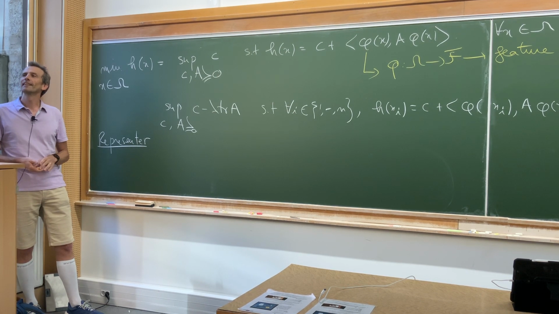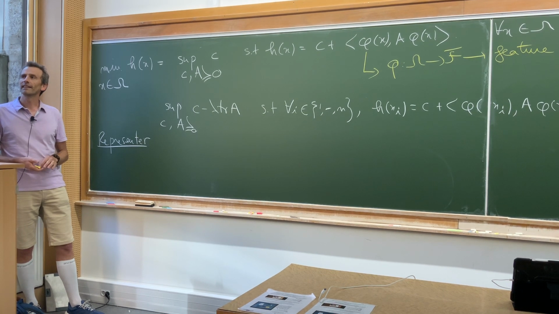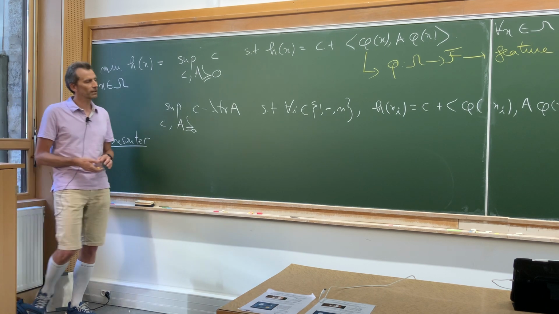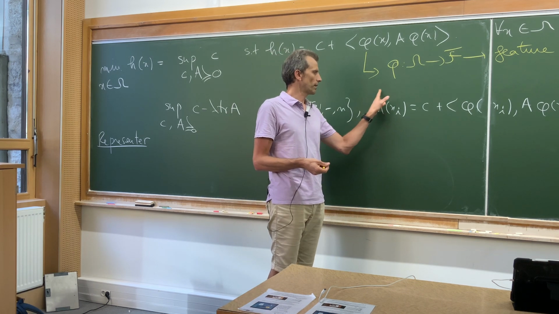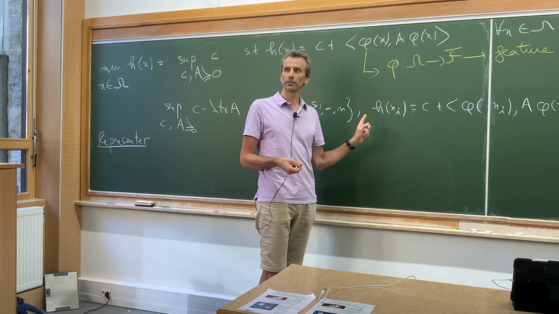Can I just ask very quickly? Here you have point observations of H. That's the kind of thing you try to leverage. Do you get anything different, or is it equivalent, if you took positive linear functionals of H, where this is an example of some linear function applied to H, but you could have more general linear measurements? Oh, yeah. I'm not going to talk about it today, but oracles on H can be very diverse.